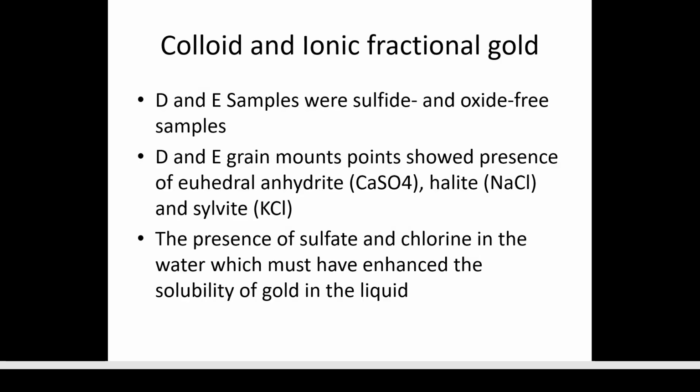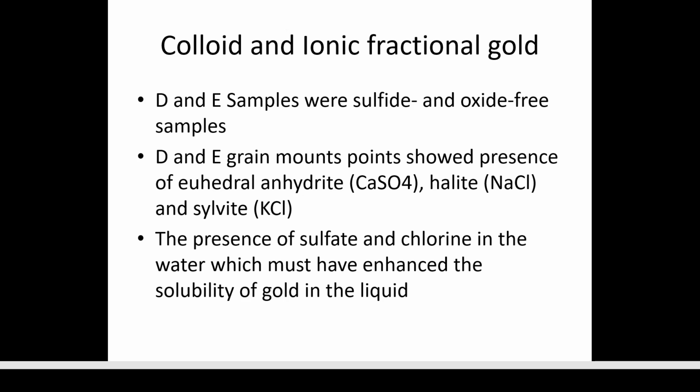Now, discussing why we are finding these correlations and what they actually mean, we first need to look at our colloid and our ionic gold fractions. We know that our D and our E samples are both sulfide and oxide free, meaning they have no standard gold-bearing minerals. Therefore, how are we having gold found in these samples when there are only clay minerals?